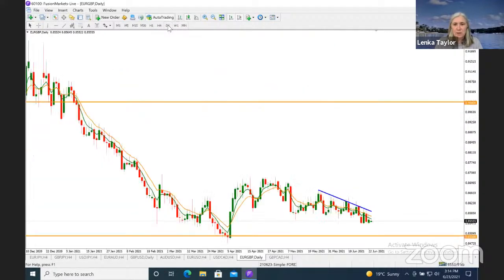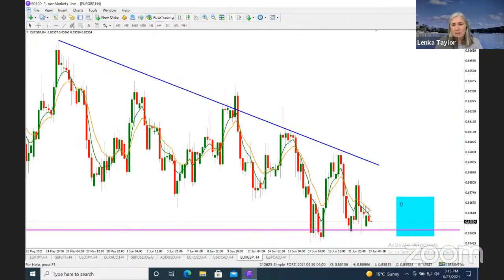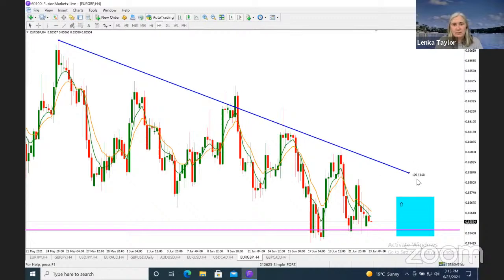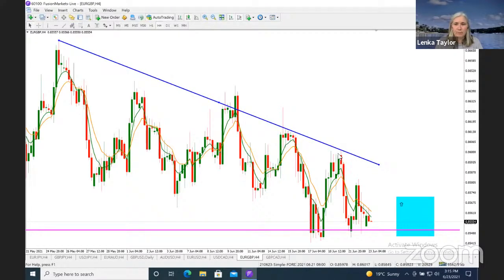On this one, I'm looking for a pullback and basically a reversal anywhere now to go long. So I'm only looking to go long at the moment, either down here or on the retest of this trend line, the daily trend line. So looking for a long on that one.